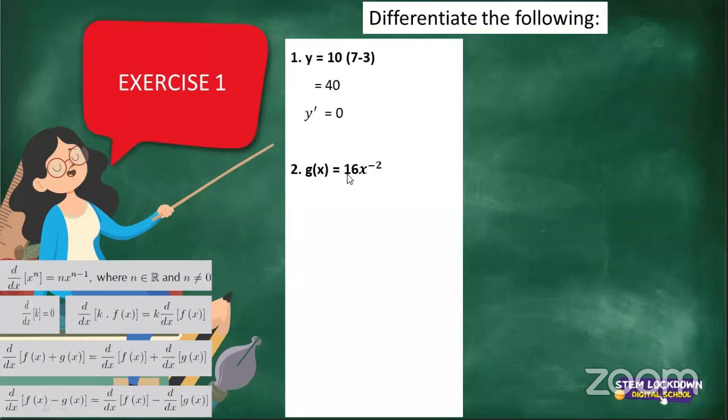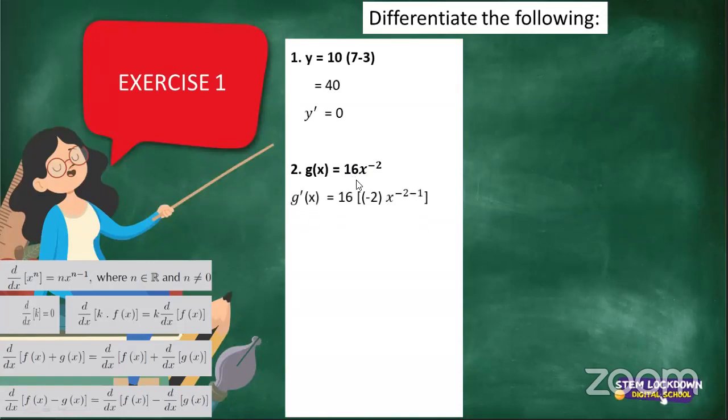What you will realize is that you have a 16, which is your constant, and that function. So we're applying this rule. We're still differentiating with regards to x, so in this case you will have to differentiate this and multiply by the 16.